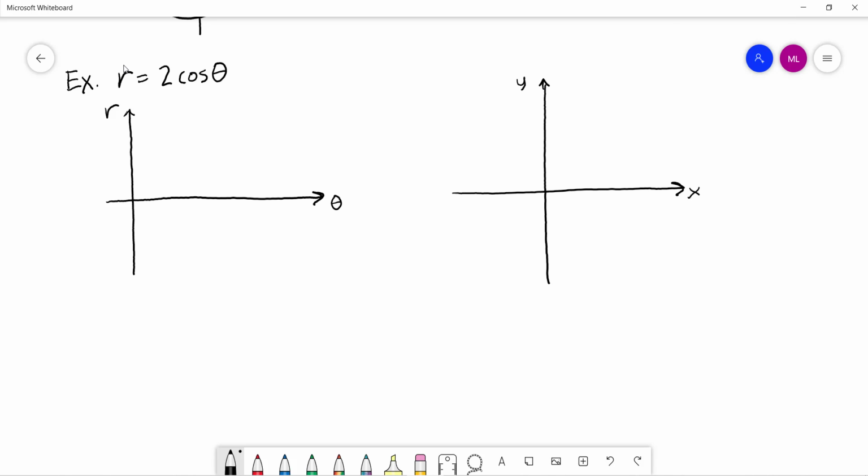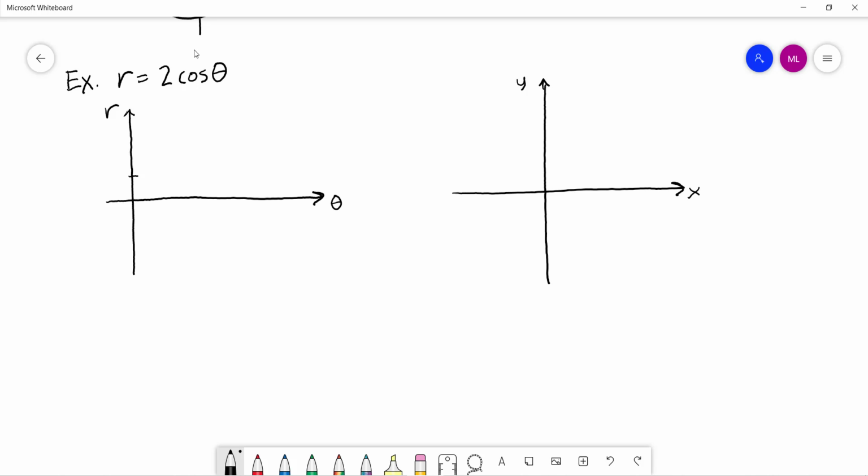So this graph in r theta space, you could think of this as playing the role of your y and your x if you wanted to, but just for this graph. r is just the vertical direction, theta is just the horizontal direction. And as far as this is concerned, this is just the graph of a cosine with an amplitude of 2.